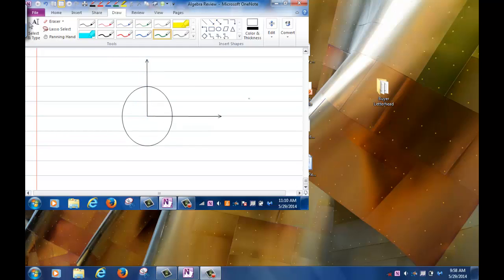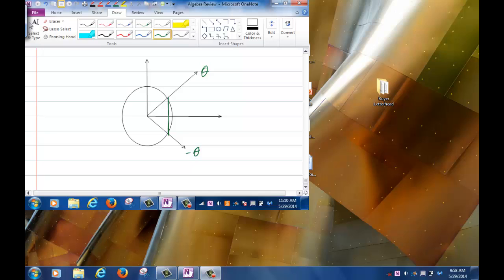So those are my x and y axis. Let's say I have the angle theta, which is this angle here. Can someone see what is the angle negative theta? The negative theta would be this, right?